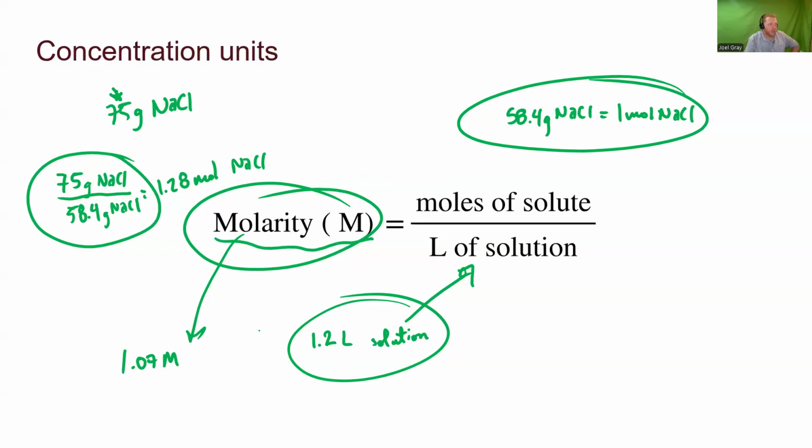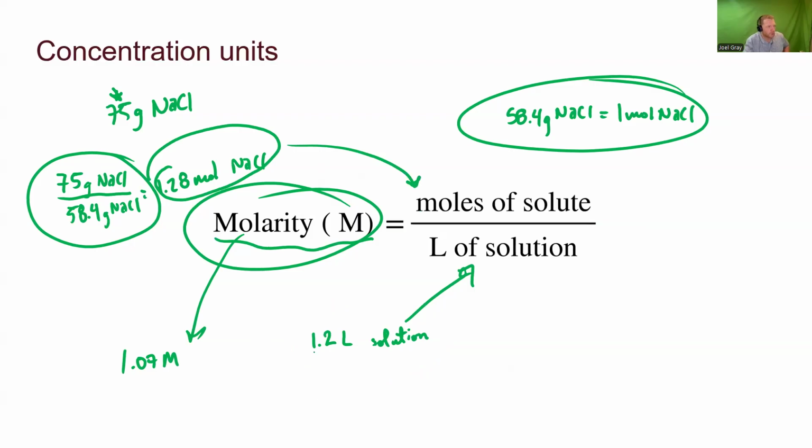75 grams of NaCl dissolved in 1.2 liters of solution isn't really what we're looking for. What we're looking for is the molarity of that solution. So we did 75 divided by 58.4, that got us 1.28 moles of our solute. Our solution was a total of 1.2 liters, though.